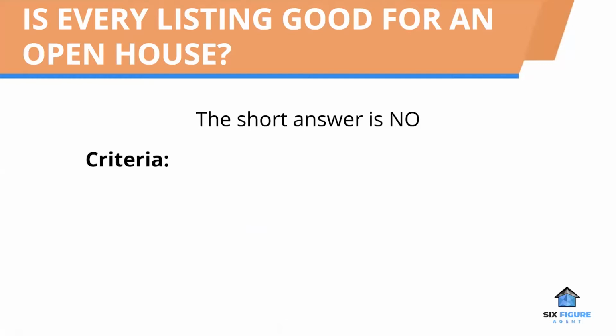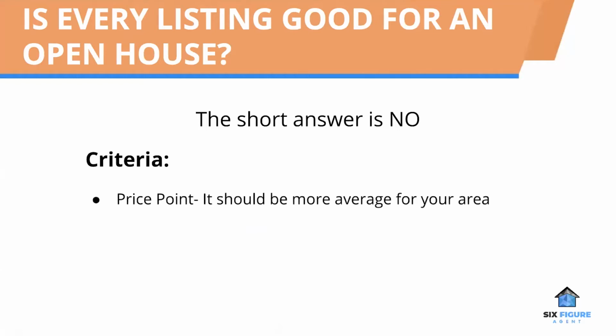I want to give you the exact criteria that I use when determining if a listing is good for an open house or not. The first one is going to be price point. It should be more average for your area. So if your average price in your market, say, is $300,000, well, open houses on, say, $1 or $1.5 million houses typically don't generate a lot of traffic. And same with houses that are going to be maybe $60,000 or $50,000.